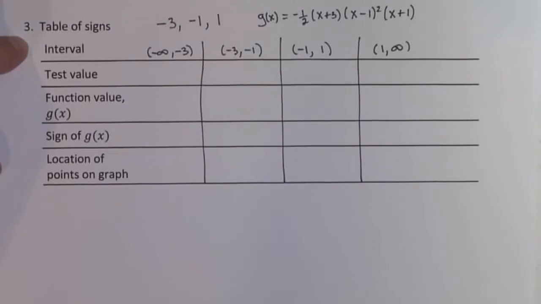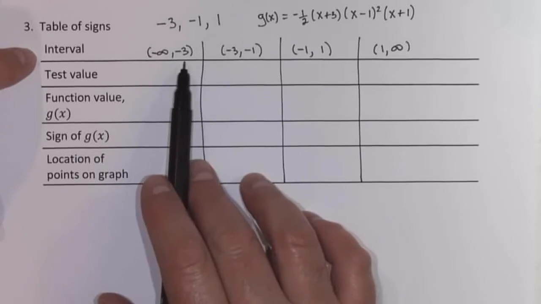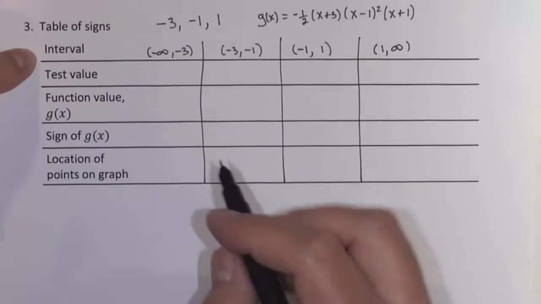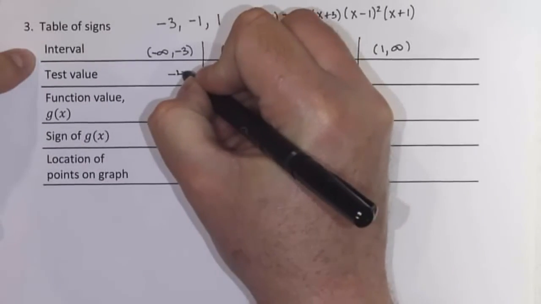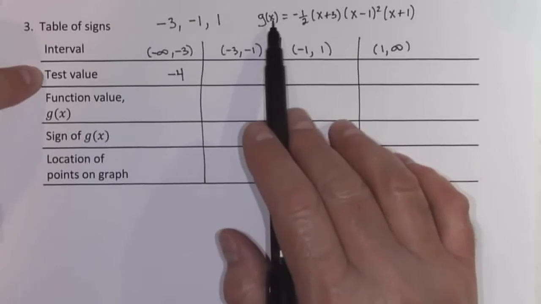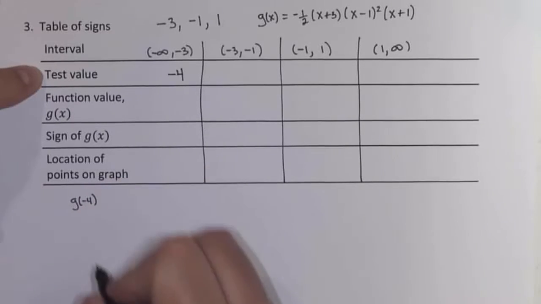Okay? So we're going to choose a test value from our first interval, which can be anything between -infinity and -3. For example, -4 would be a good test value. And so we're going to find g of -4.